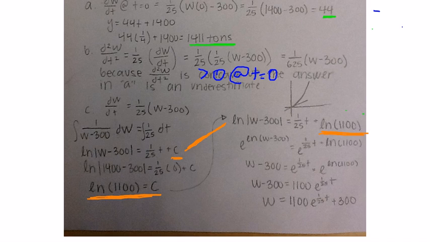And in this question, it's ln of the absolute value of W minus 300. And you can cancel out the absolute value because W is always increasing, so there's no need for that absolute value. And on the AP test, maybe it's smart to just write, don't need absolute value because W was always positive, always increasing. I don't know, might help. I don't know how they grade, but yeah.